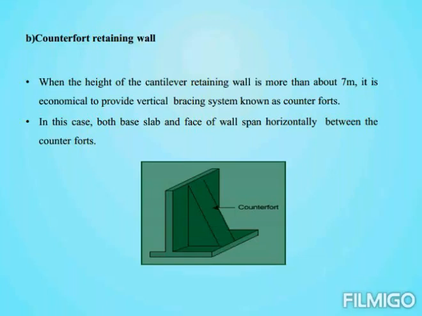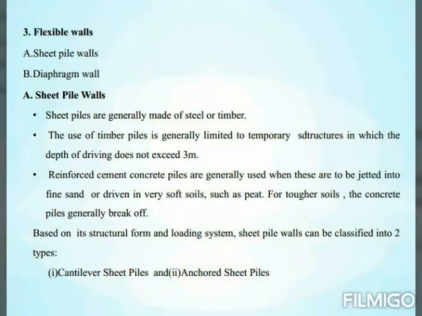Next type of retaining wall is flexible walls. The flexible walls can be broadly classified into two: sheet pile walls and diaphragm wall. Sheet pile walls are generally temporary structures made of steel or timber.